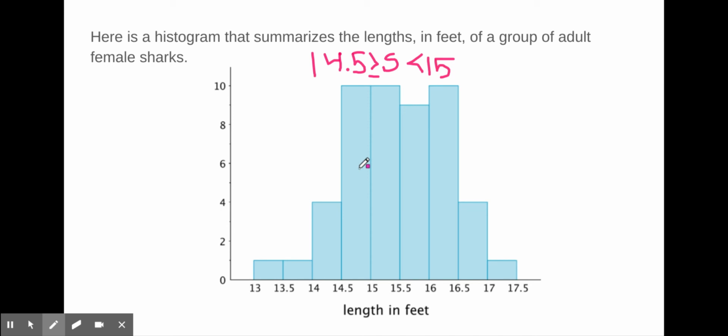So a shark could be 14.999999999 feet long and would fit into this bin, but as soon as they hit 15 feet long, then they would fit into this bin.